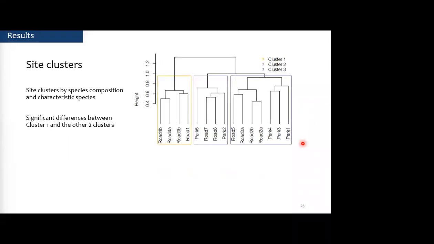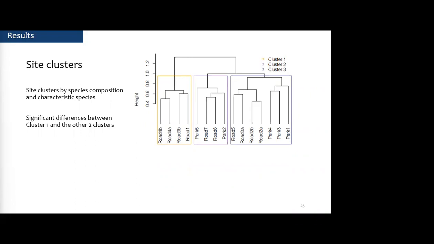Since I didn't find a significant difference between park and roadside sites, I looked for other potential types of clusters in these sites. So I used a hierarchical cluster analysis to create this minimum of 3 site types by species composition and abundance.